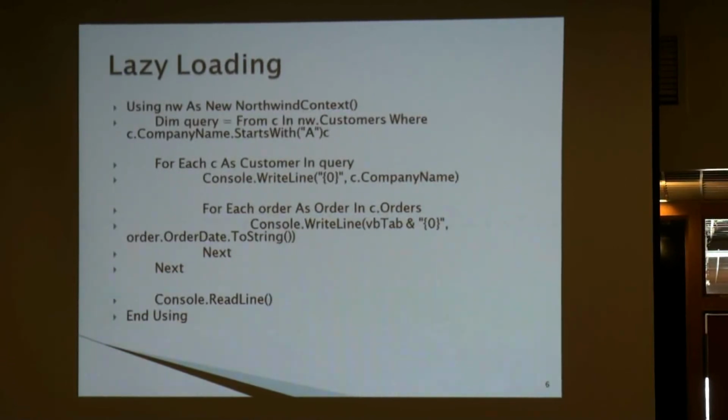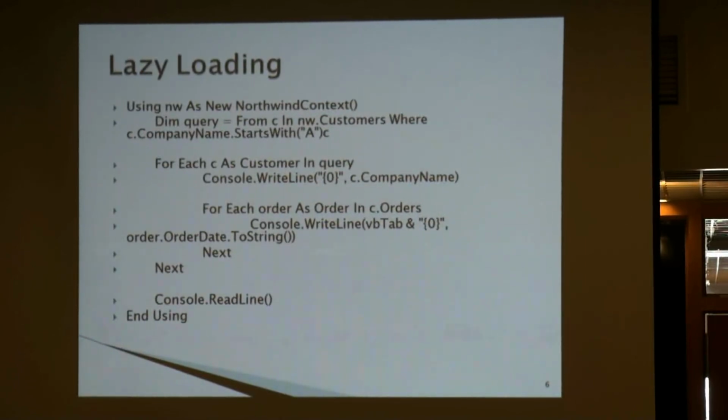See, I'll tell you something even more. Go to the second loop, for each order as order in C.orders. Now, this might seem a surprise, but if you run the SQL Server profiler, you will see that there's a second select statement executed. You know what this means? Multiple round trips to the database. This is why I'm telling you it depends on how you develop.